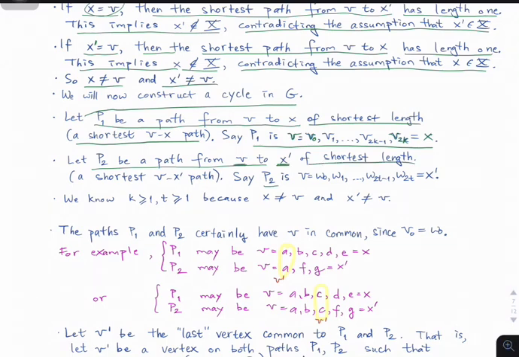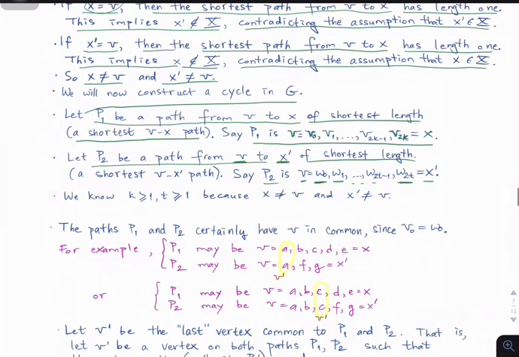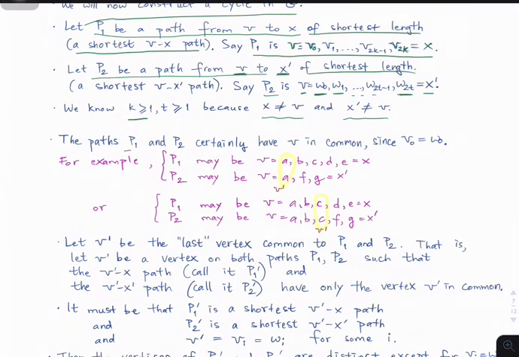Say P2 starts at v, let's call it also w0, and then the next vertex is w1, and so on until w2t, which is equal to x prime. And we know that k is 1 or larger and t is 1 or larger because we have shown earlier that x is not the same as v, and also x prime is not the same as v. And the paths P1 and P2 have v in common because v0 is the same as w0.